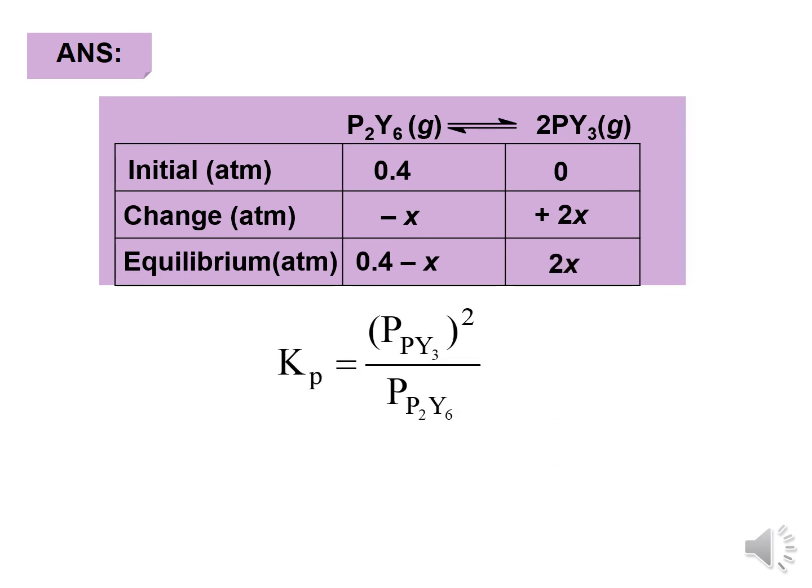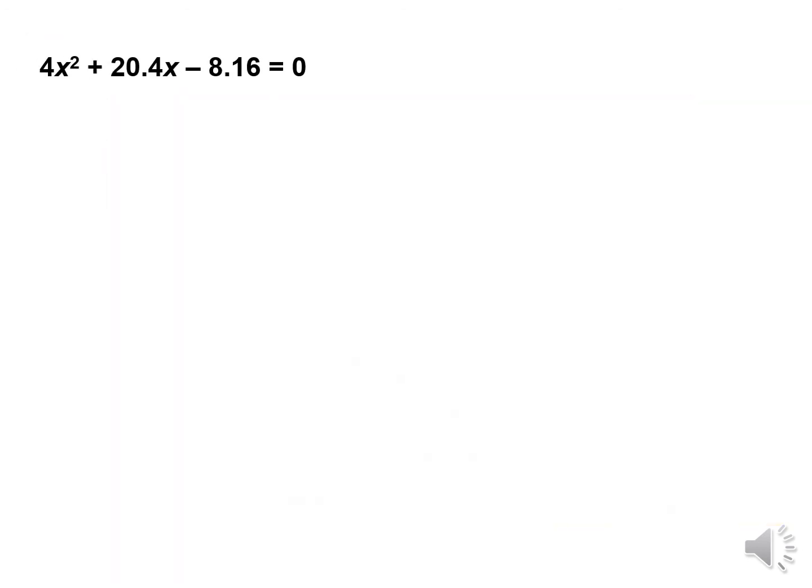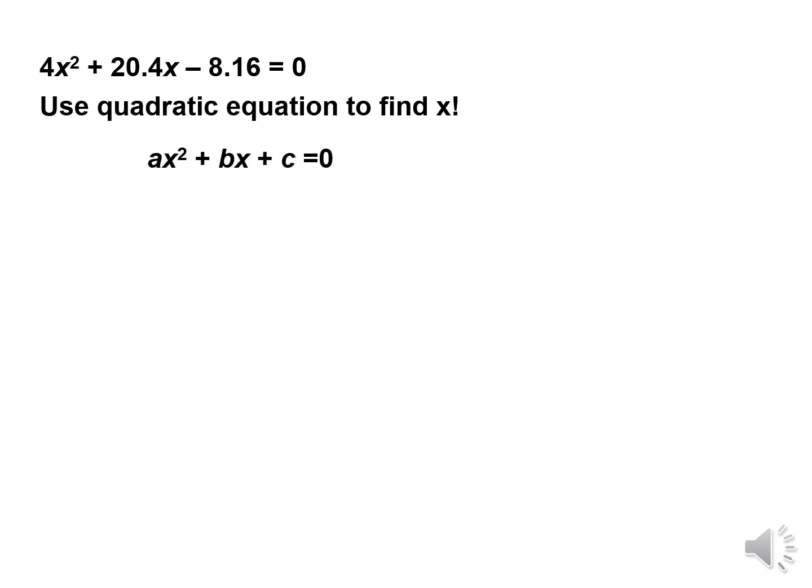Next, we write the Kp expression and insert all the equilibrium pressure values. Then we need to solve the quadratic equation to get the value of x. You can either use the formula or insert the quadratic equation in your scientific calculator to get the x value.